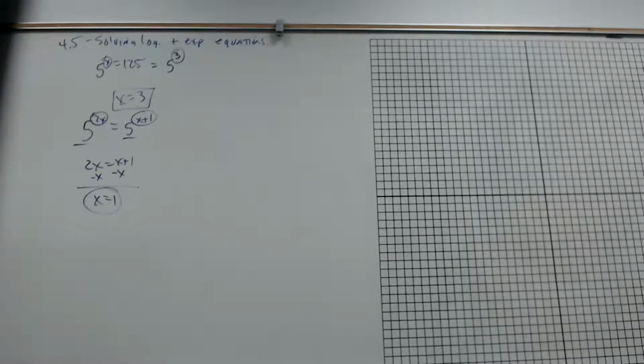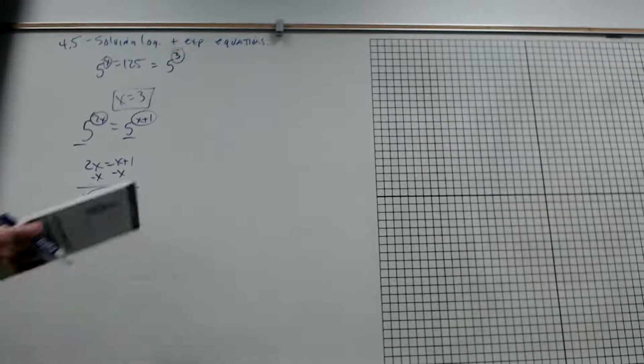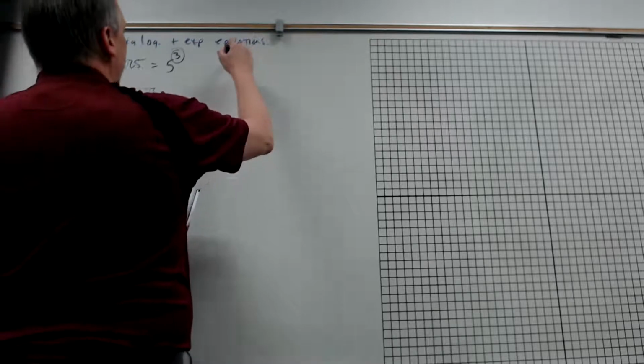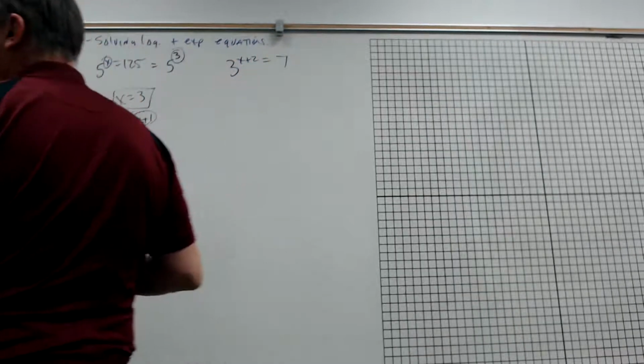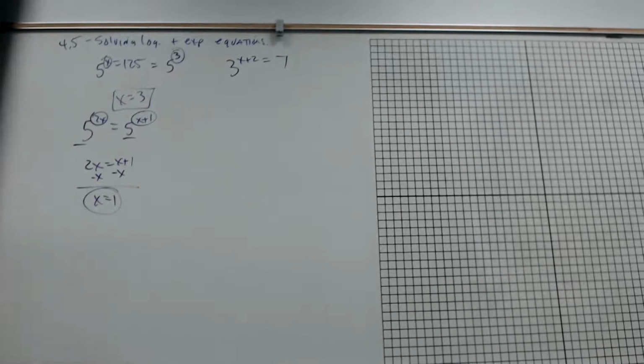Now let's say that they don't have the same base, such as 3 to the x plus 2 equals 7. How would you solve such an equation? Well, I'm going to assume that you turn it into a log. Yeah, that's a good assumption. Why? Because they don't have the same base.